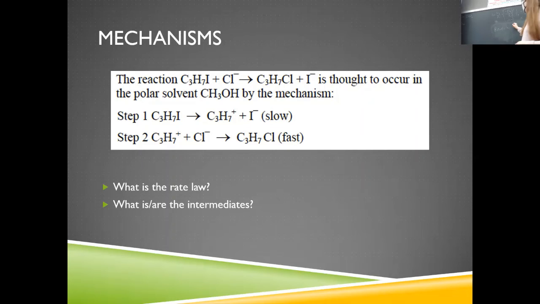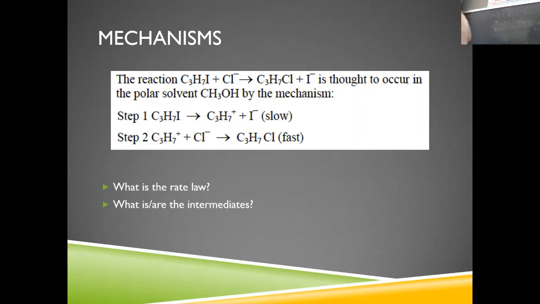And so what am I going to put in these brackets here? The reactant. So that's C3H7I. And is that it, or do I need an exponent? That's it. So this is the overall rate law.